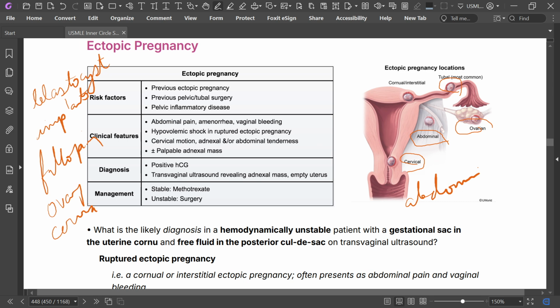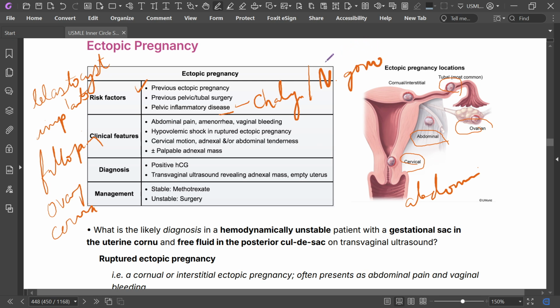If we look at the risk factors of ectopic pregnancy, one of the highest risk factors is prior ectopic pregnancy, prior pelvic or tubal surgery, and PID. That means most commonly a sexually transmitted infection due to Chlamydia or Neisseria gonorrhea.